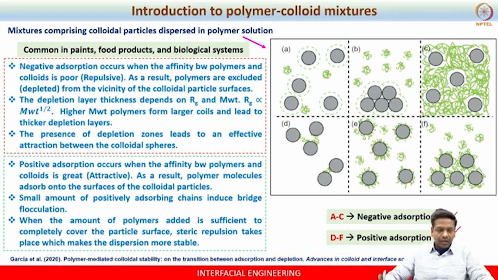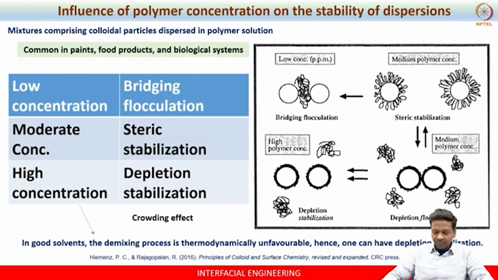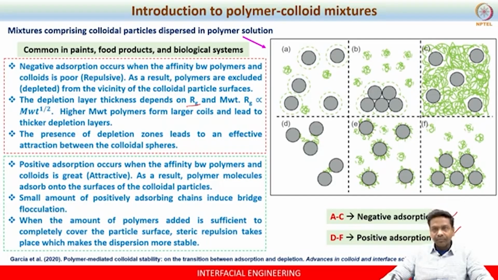So how do we control this depletion layer thickness? It depends basically on the size of the polymer molecule. As the size of the individual polymer molecule goes up, the depletion zone itself will grow. The size of the polymer molecule is characterized by what is known as radius of gyration, that is R suffix G. Radius of gyration is affected by molecular weight, because radius of gyration is proportional to molecular weight to the power 1 by 2.